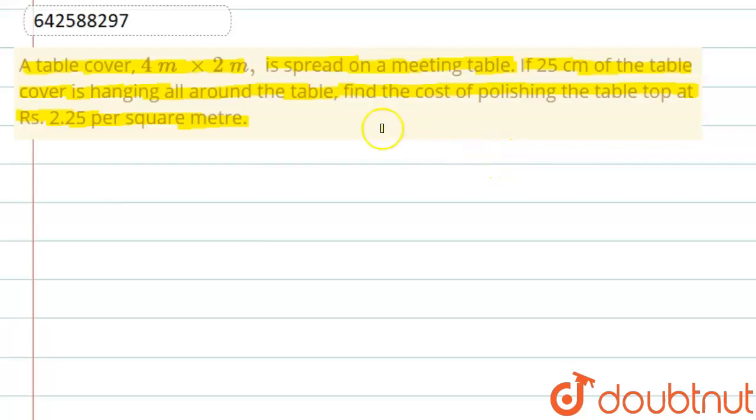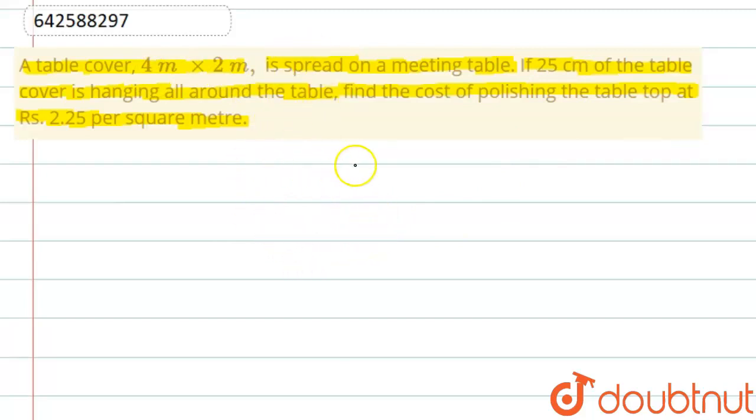So first we have to find the dimension of the tabletop. As we know the dimension of the table cover is given, that is 4 meter and 2 meter, and 25 centimeter of that table cover is hanging all around the table. So if we subtract twice the width of this 25 centimeter from the given dimensions, that is 4 meter and 2 meter, we can find the dimension of the tabletop.